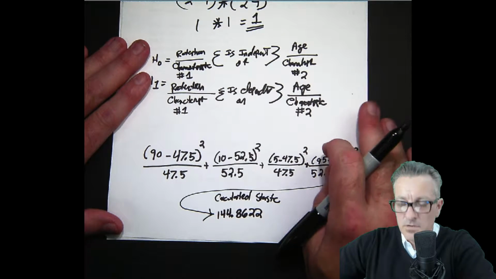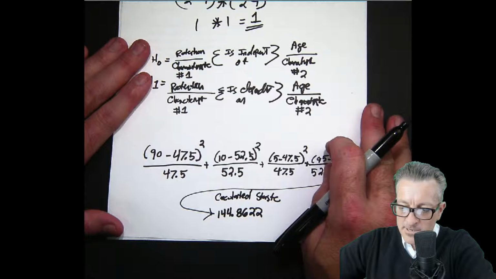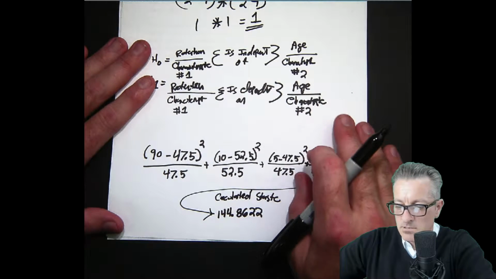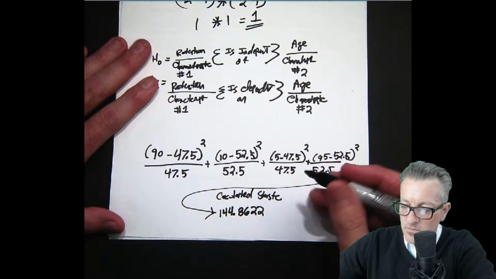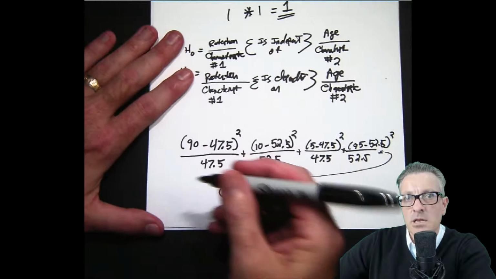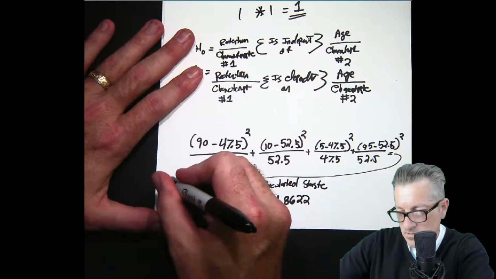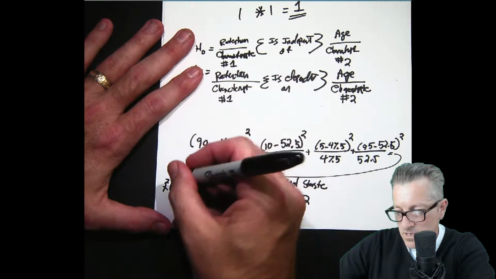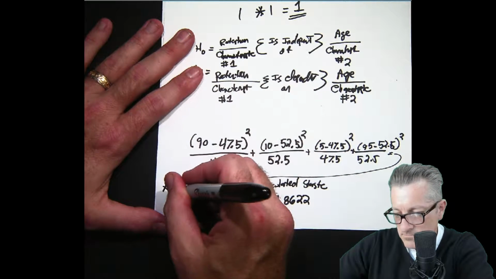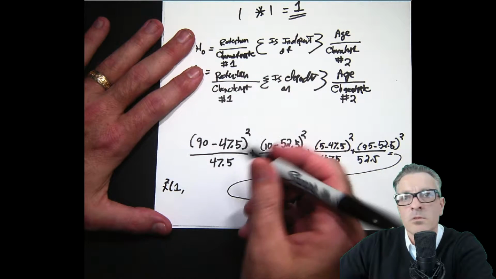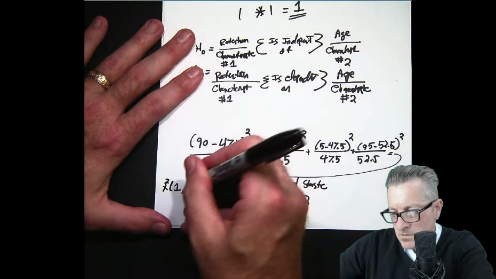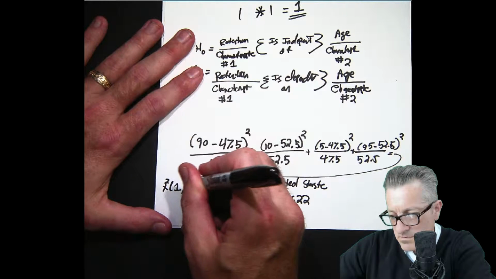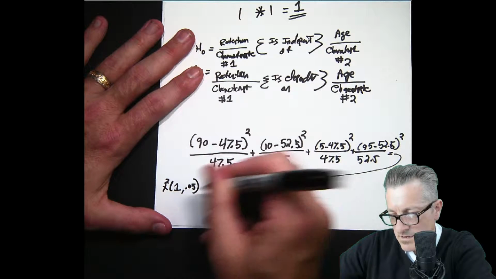Now we're going to go and find what our critical statistic is. And the critical statistic, we don't need a lot of space for this. It's this. And do a little explanation here. Degrees of freedom 1, comma, to a 0.05, which is the 5%.